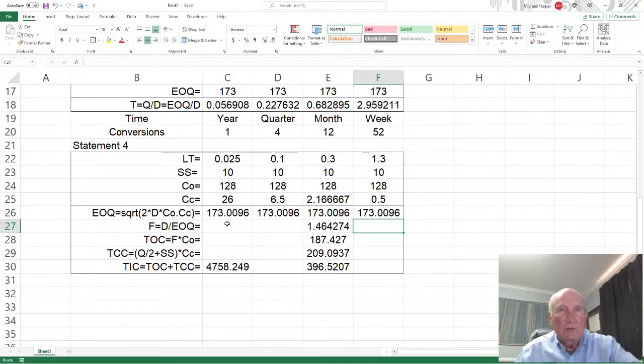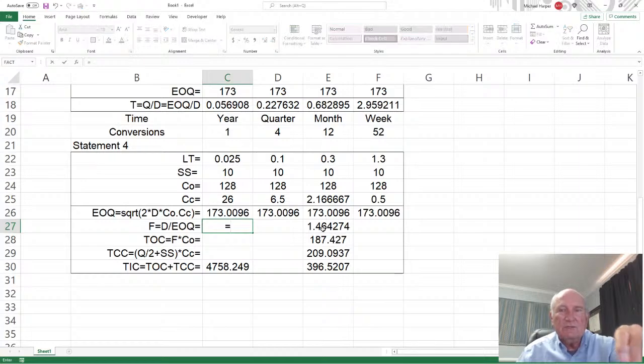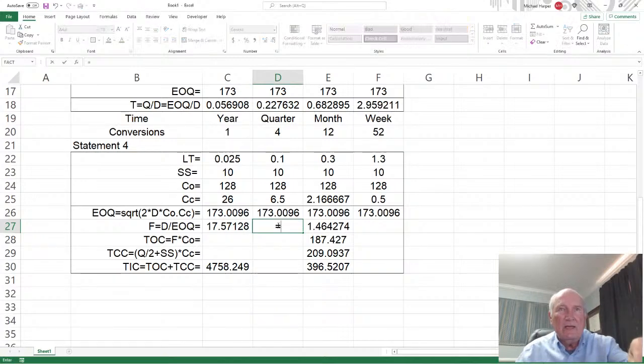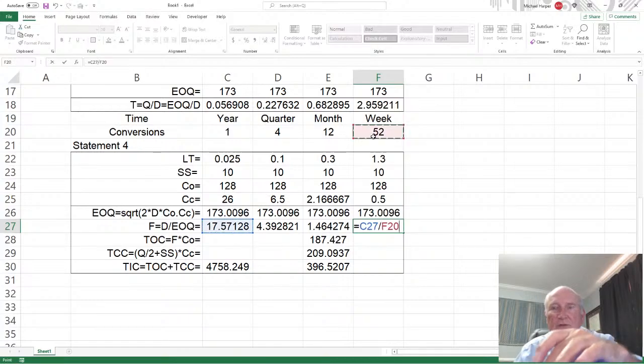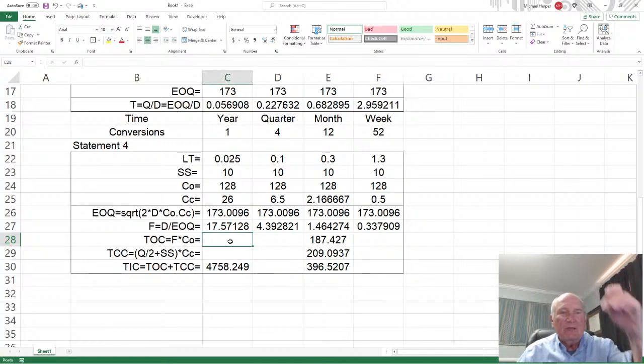The frequency will change. Now the frequency here, again, this is going to be this. If you have 1 per month, then this is going to equal this times 12 for a year. And that equals this divided by 4 for a quarter. And that equals this divided by 52 for a week. And that's good. And then same here.